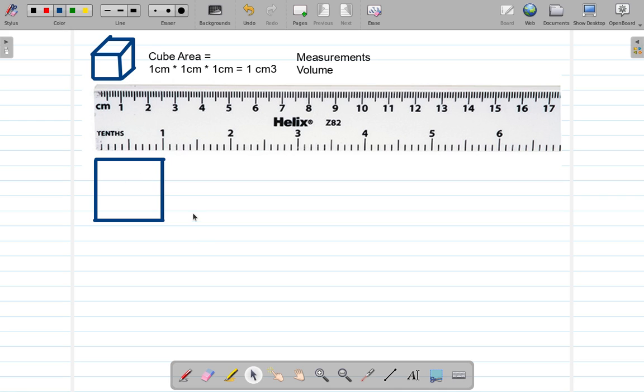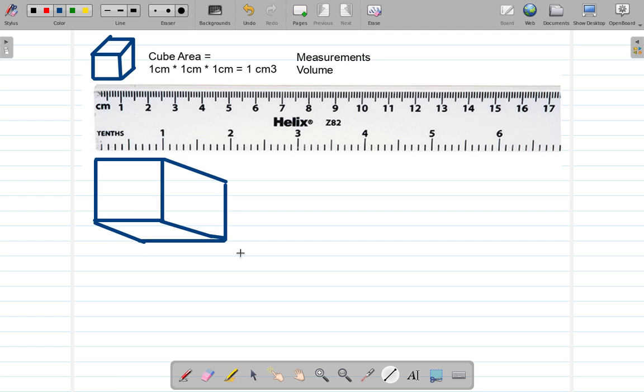What about this one? This area here, this square, let's turn it into a cube. So we have the height and we have the width. Let's put a length to it, where the length is also 1 inch. So we have 1 inch by 1 inch by 1 inch. Let me draw it a little more proportionate.